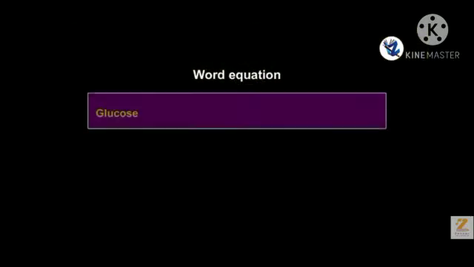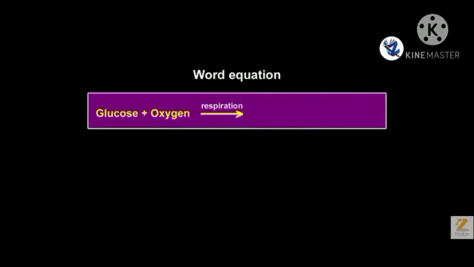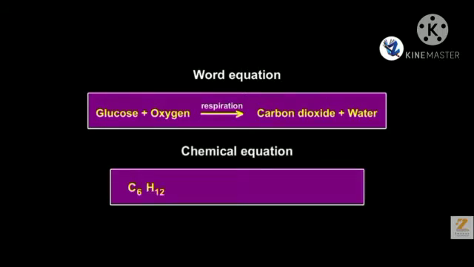So, the word equation is glucose plus oxygen, arrow, respiration, gives carbon dioxide plus water. Now the chemical equation: C6H12O6 plus O2, arrow, CO2 plus H2O. Remember, the chemical equation is not balanced.